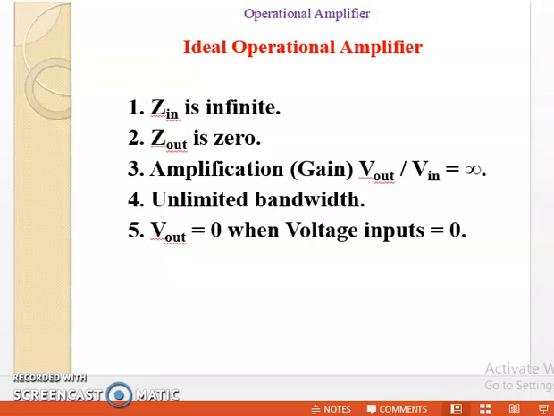So again, there are ideal characteristics of an operational amplifier.